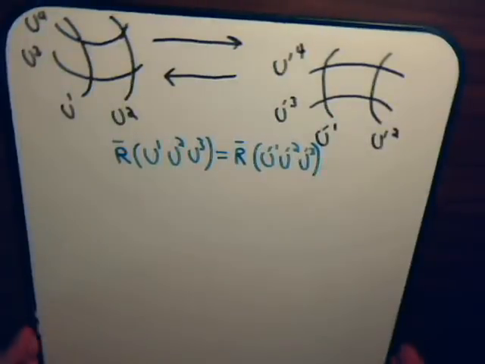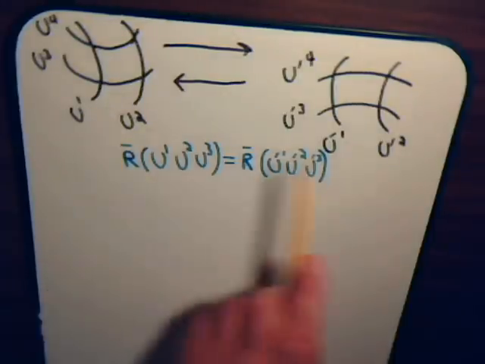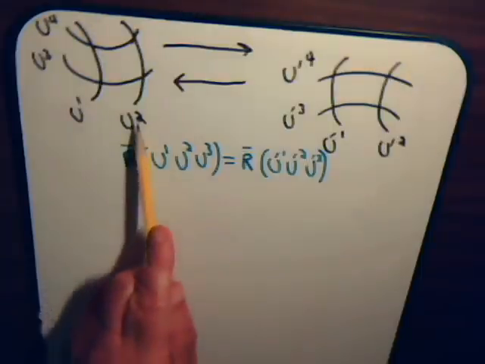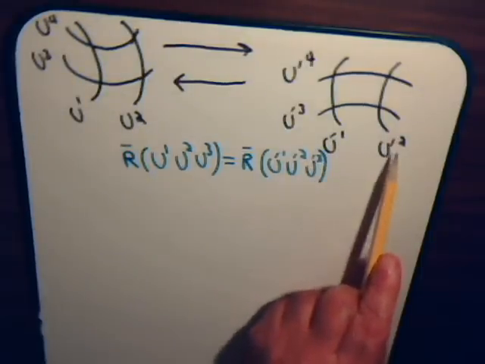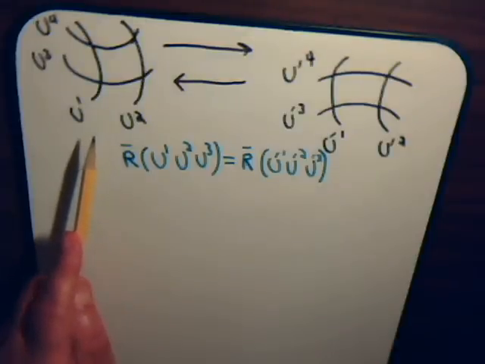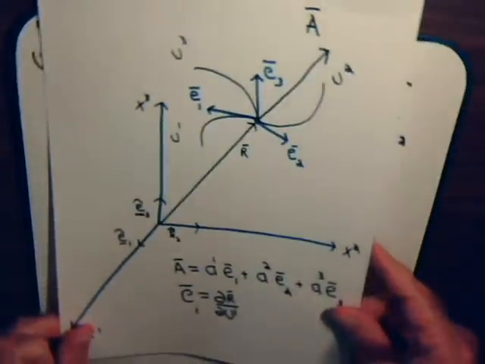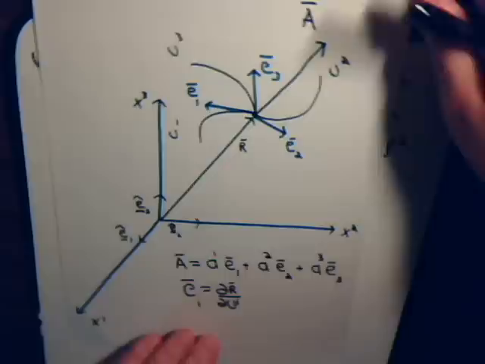consider this. Here we have two curvilinear systems, U and U prime, u1, u2, u3, and u prime 1, u prime 2, u prime 3. And for each one, we have the position vector R. We just didn't bother to draw it in.